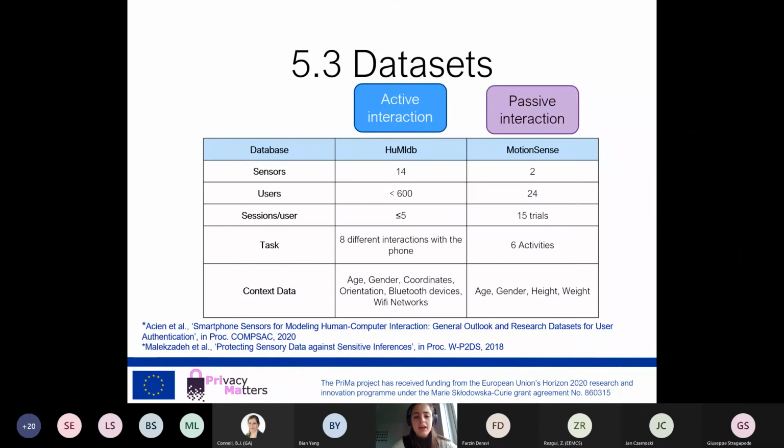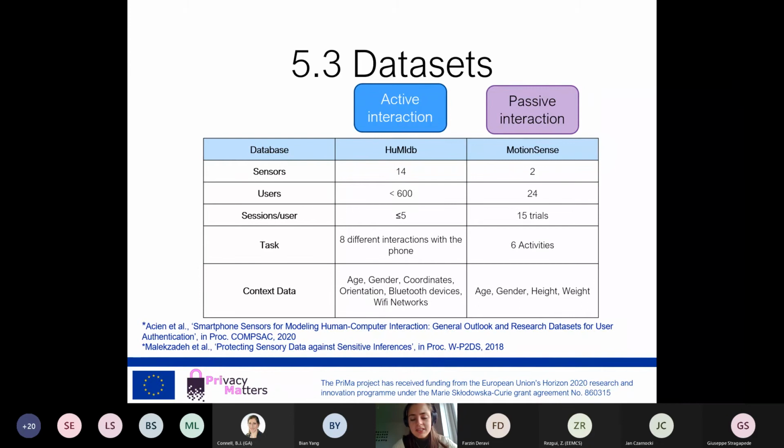So here I summarize the two databases that I found that can be useful for my PhD. I chose these two because the first one, UMIDV, uses active interaction. That means the user is interacting with the phone doing some specific tasks. And the other one, MotionSense, is a passive interaction.